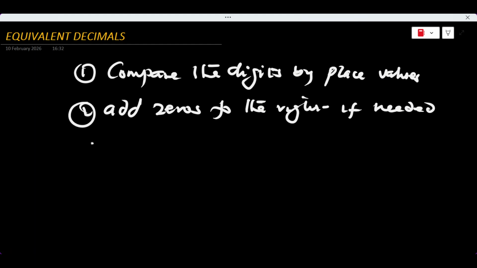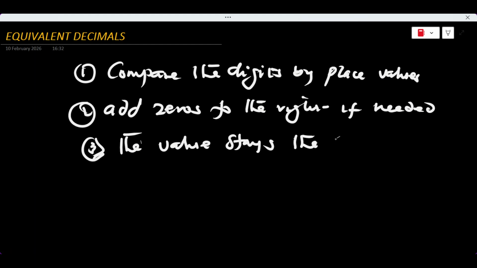And then finally, the value stays what? The value stays the same. And I hope by now you clearly understand what equivalent decimals are. They are very simple. Once you check the place values and remember, extra zeros don't change the value.